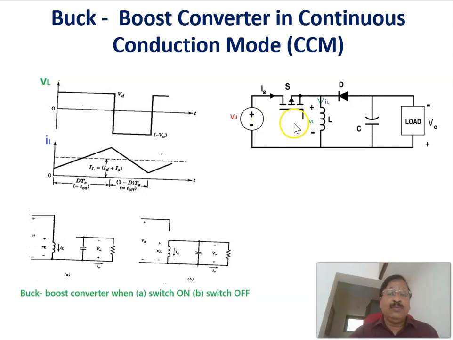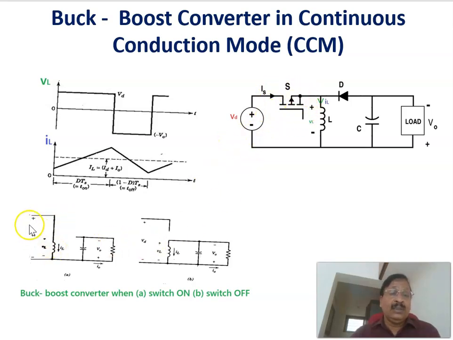For example, first, when the switch is on, the equivalent circuit is this one. The input voltage Vd will be coming across the inductor. The diode does not conduct because it is reverse biased, so it is open circuited. This is the equivalent circuit of the buck-boost converter when switch S is on.